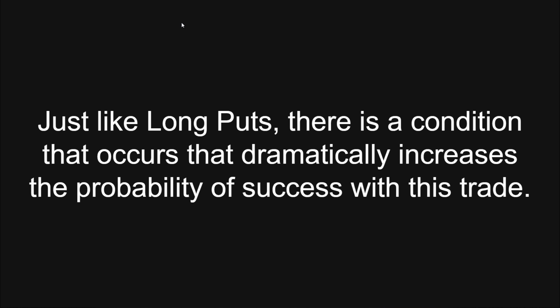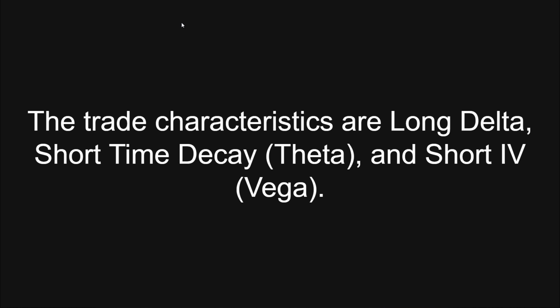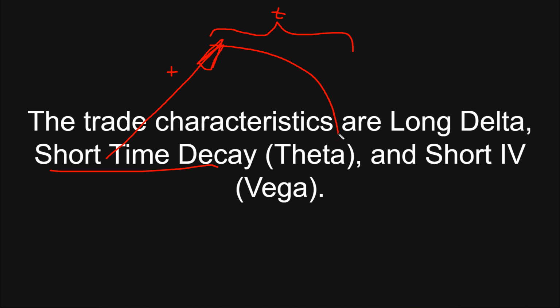Just like long puts, there's a condition that occurs that dramatically increases the probability of success with this trade. The trade characteristics are long delta. Remember, long delta means that as the price goes higher, the value of the trade increases. Short time decay, meaning that the longer we have this position in place, the value of that option is going to decay to 0.